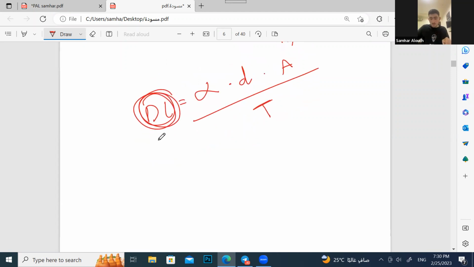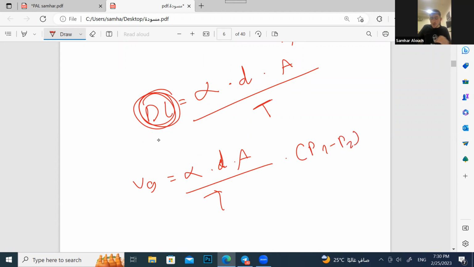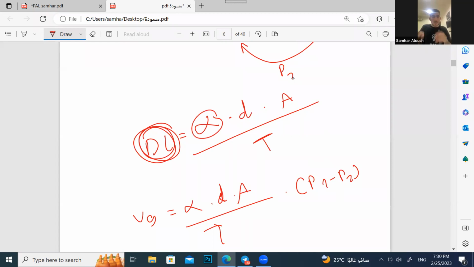By the way, instead of writing V gas equal these things in a very complicated way, multiplied by P1, P2, these things are not measurable in a normal human. Solubility, we need to take the gas and measure it. The coefficient is just a constant number. The surface area, you need to take the lung of the person and dissect it.